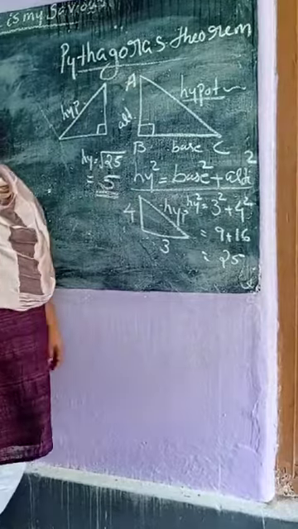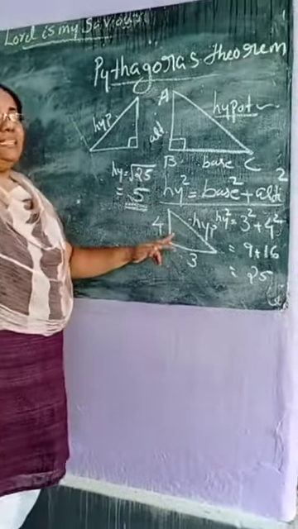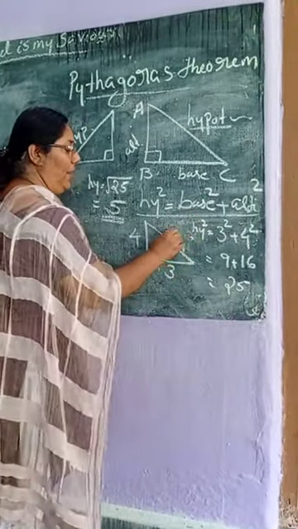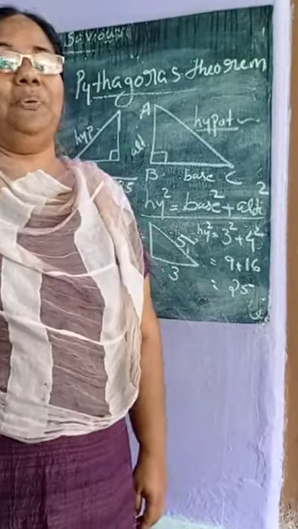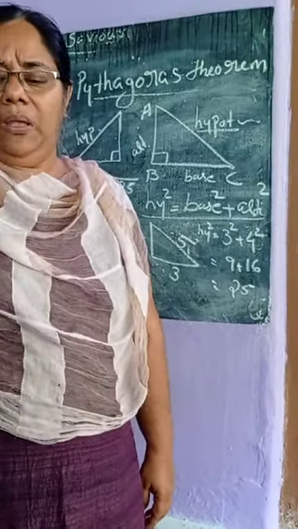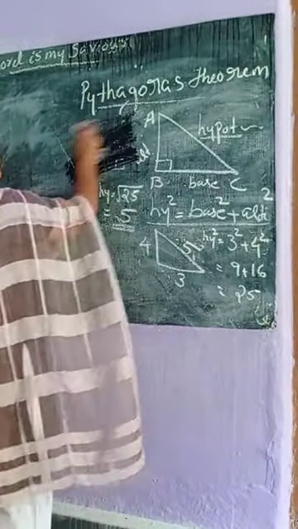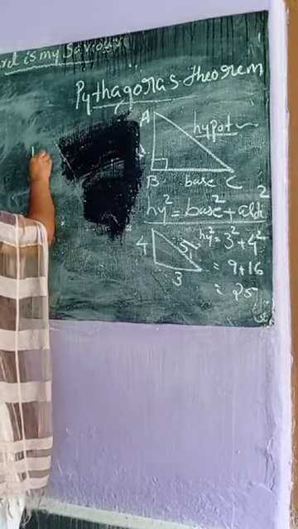Actually, when you take root, two values are there, plus or minus 5. But here, this is a side. Therefore, we select the hypotenuse as 5. If it is 3 and 4, then the hypotenuse side is 5. From the same equation, can you say what is base square?